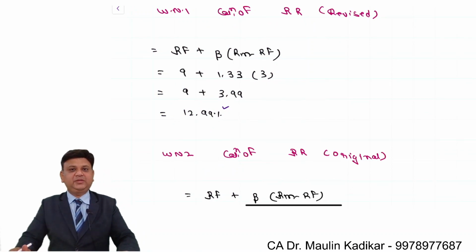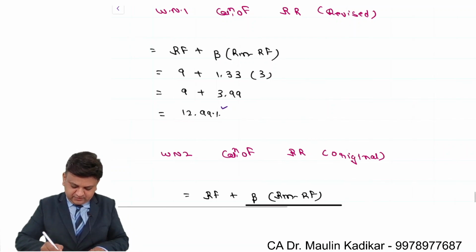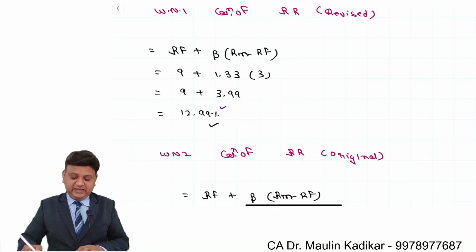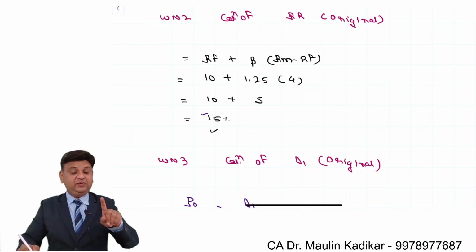So I will just give a summary of the entire answer. Dear students, first of all, we have made the calculation of the revised required rate of return. It is 12.99%. Then we have computed the current required rate of return, 15%. The reason is that we want to compute the dividend.